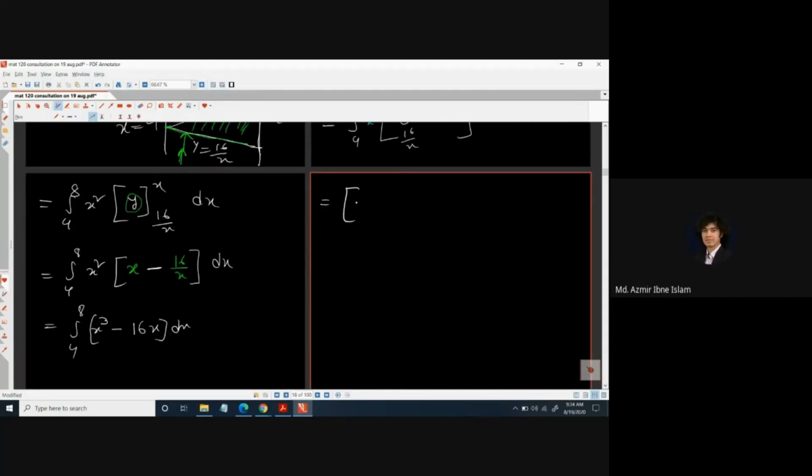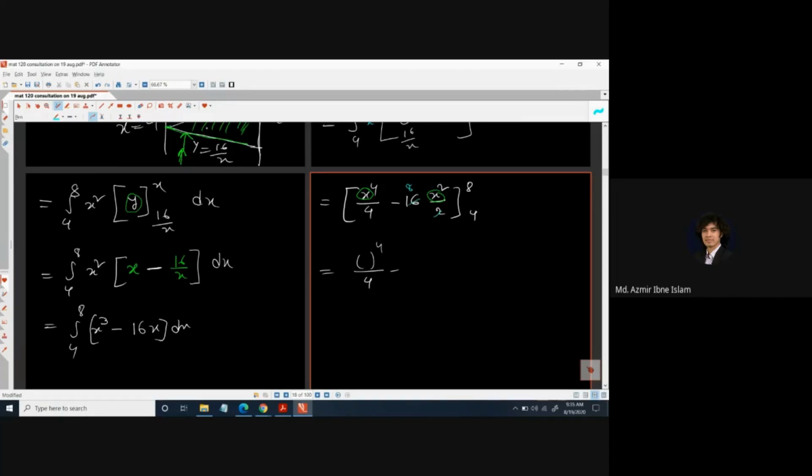Integration of x cube is x to the power 4 over 4, negative 16 x squared by 2, upper limit 8, lower limit 4. Again, the fundamental theorem of calculus will be applied where we have x. Definitely, we need to input the upper limit and then the lower limit. So at first, let's work with the upper limit. Here we can also simplify 2 and 16.